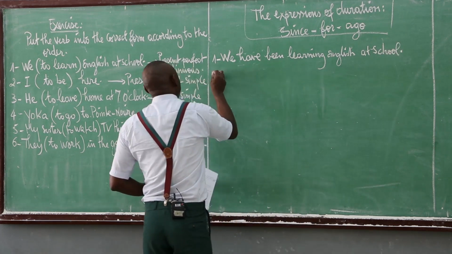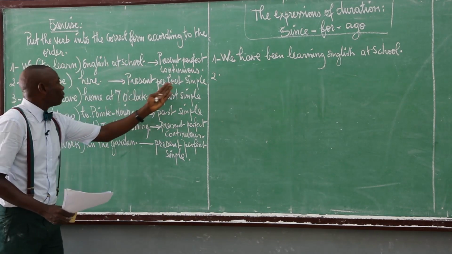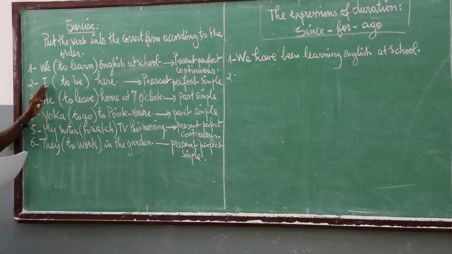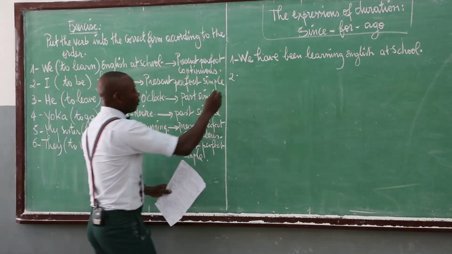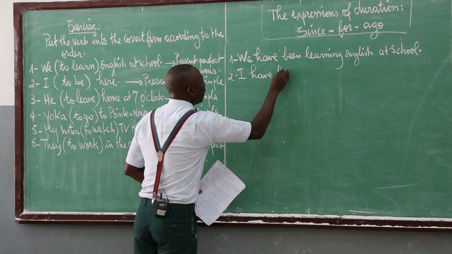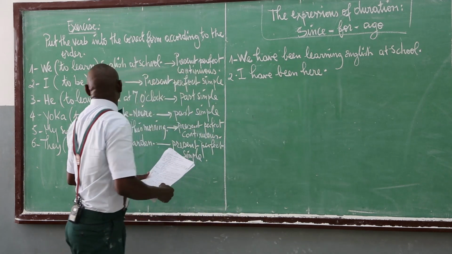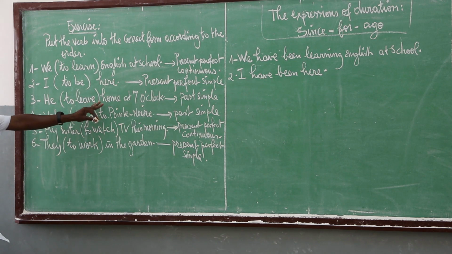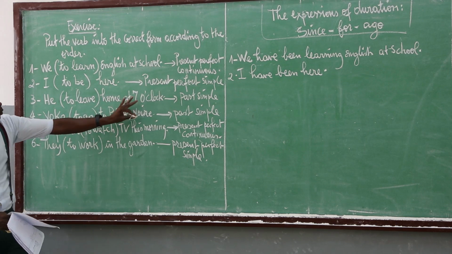The second one, it is said to put this sentence into the present perfect simple. The verb is to be. I say, I have been here. Good. The third one, he to leave home at 7 o'clock.